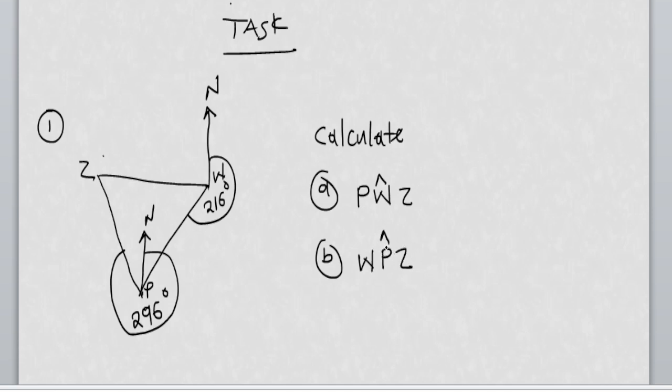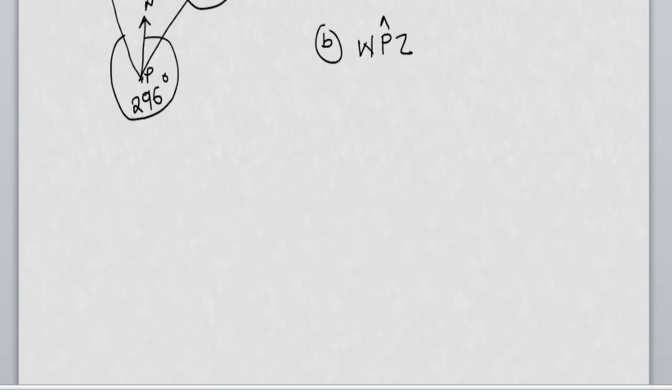So this question is on angles, so you're finding the angles. Then the next question I'm giving you is on bearings, so that you'll be able to find the bearing.